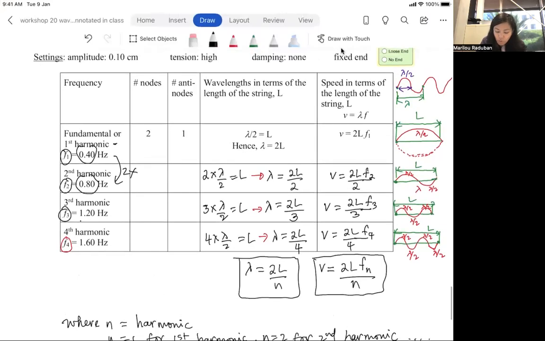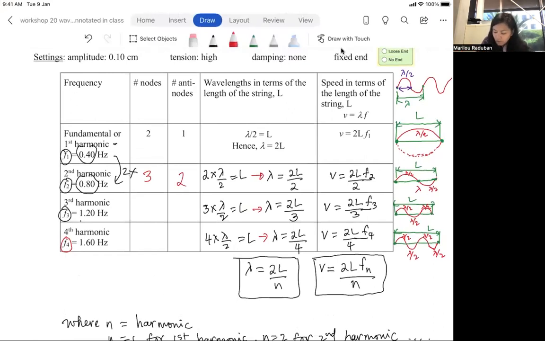For the number of nodes, you'll also see a pattern. So a node is a fixed point, a zero amplitude point. For the first harmonic, you notice there are 2 nodes and 1 antinode. An antinode is a maximum amplitude point. Second harmonic, you have 1, 2, 3 nodes and 1, 2 antinodes.